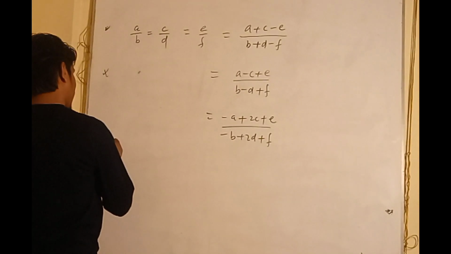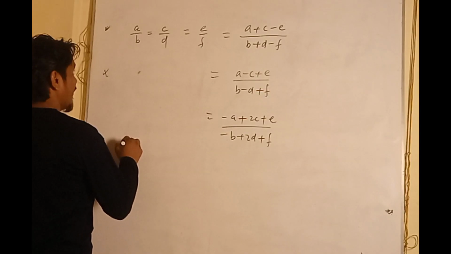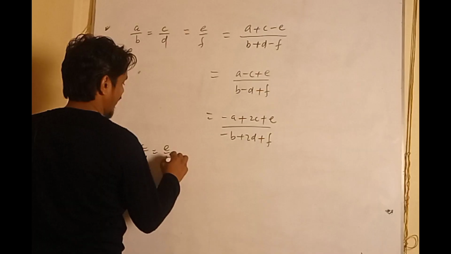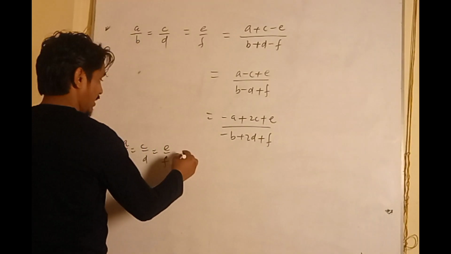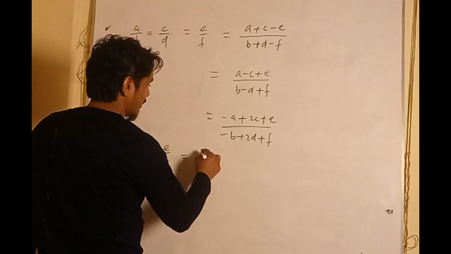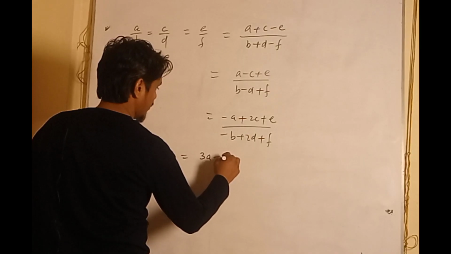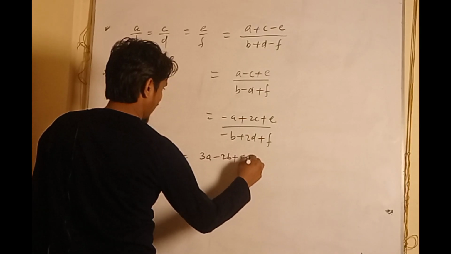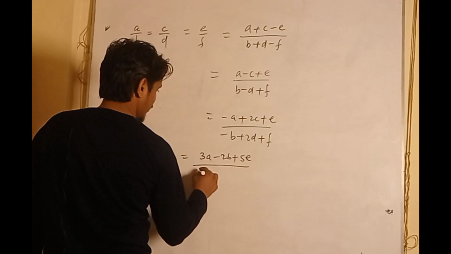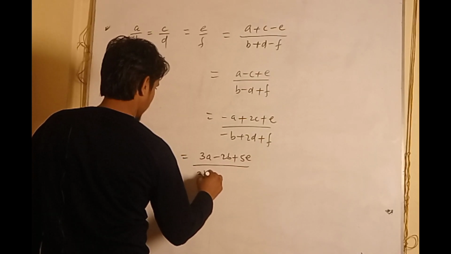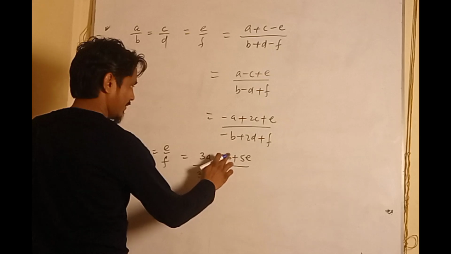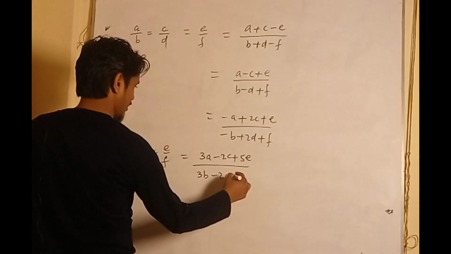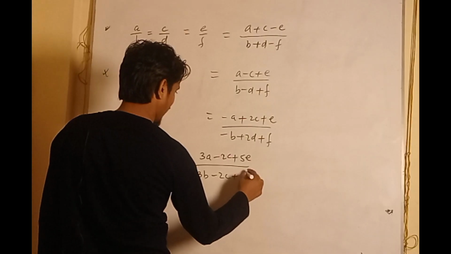So for example, let's say we are given a by b equal to c by d equal to e by f, and we need to prove that this is equal to, let's say, 3a minus 2c plus 5e over 3b minus 2d plus 5f.